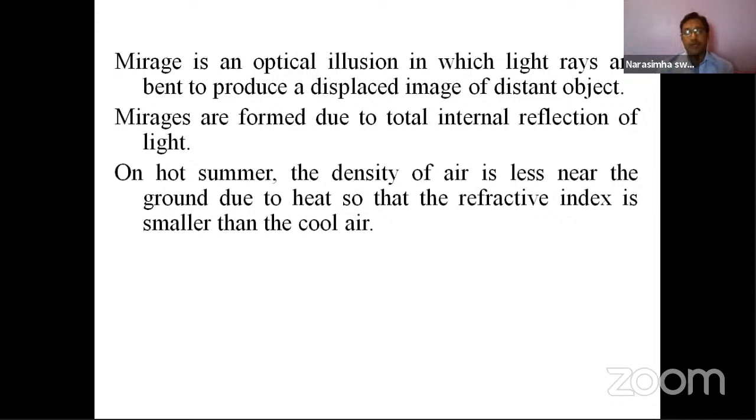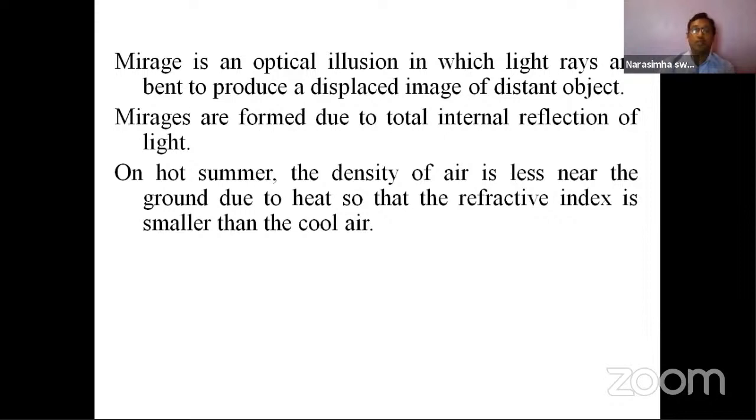Refractive index tells about the density of the material. It is the ratio of the velocity of light in vacuum to the velocity of light in the medium. So the velocity of light is obviously smaller in the denser medium.